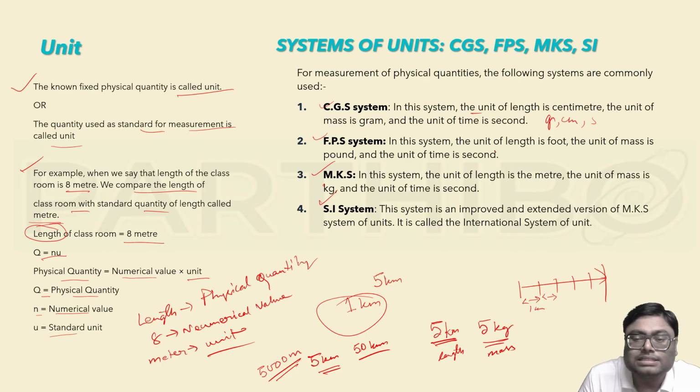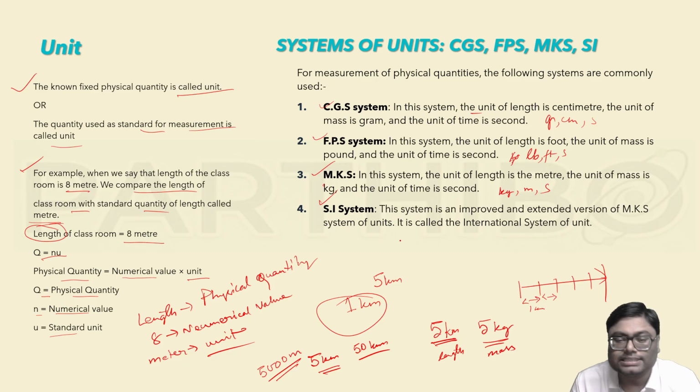In FPS, it is pound, foot, and second. In MKS it is kg, meter, second. And the SI system is an improved, extended version of the MKS method.